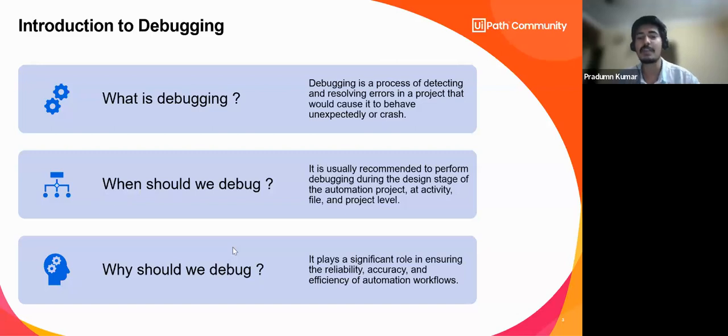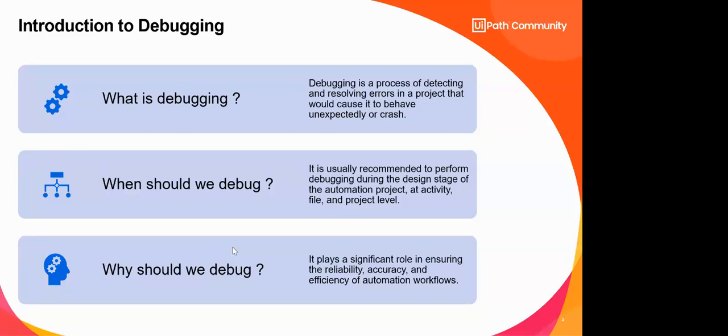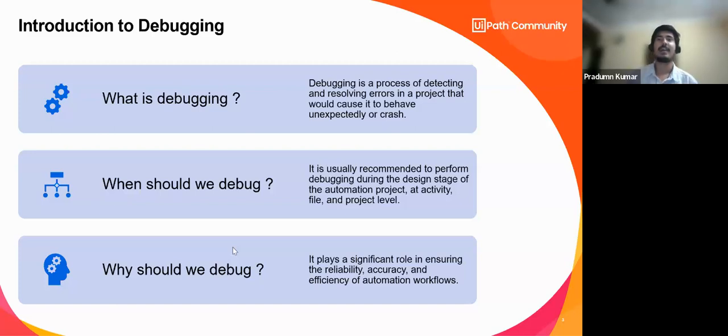But as a best practice in general, when should we debug? Is it during the development time or after the product has gone into production? During the development time. Correct, before going into production.